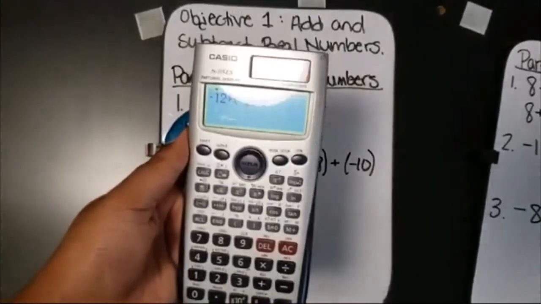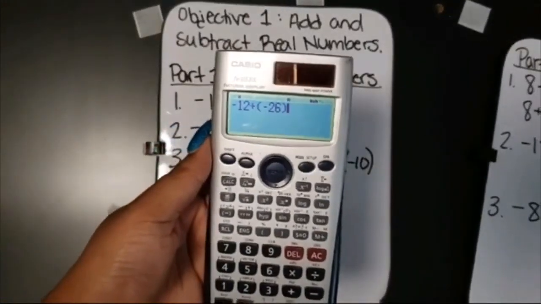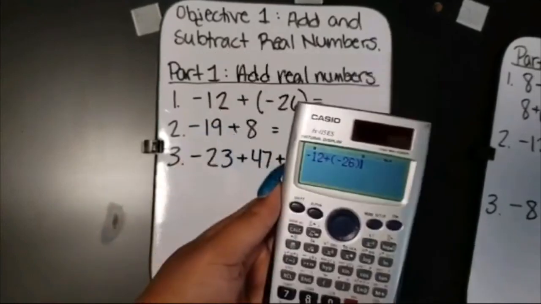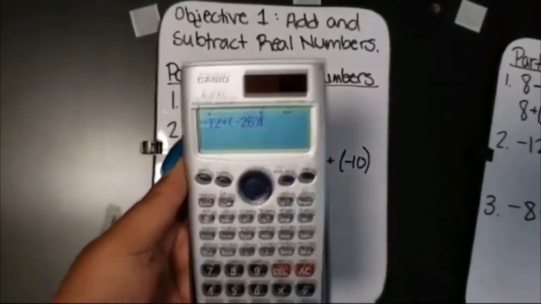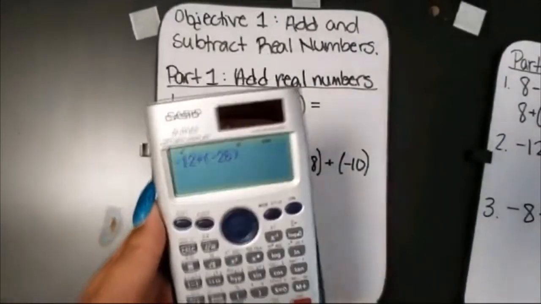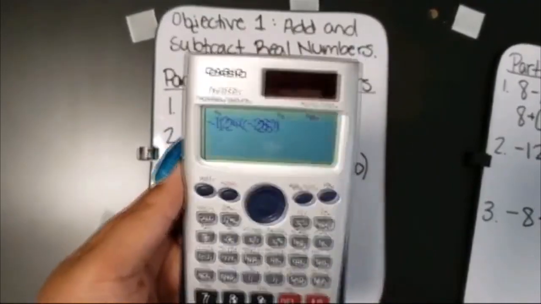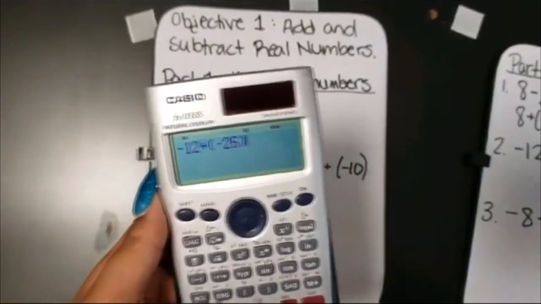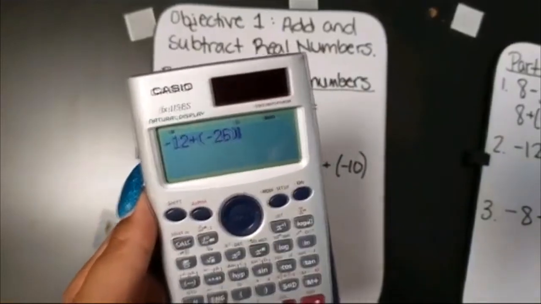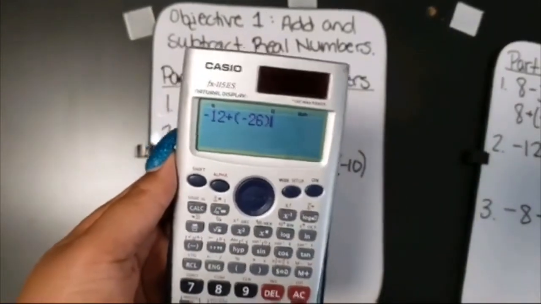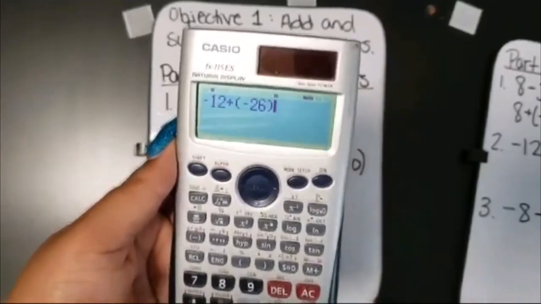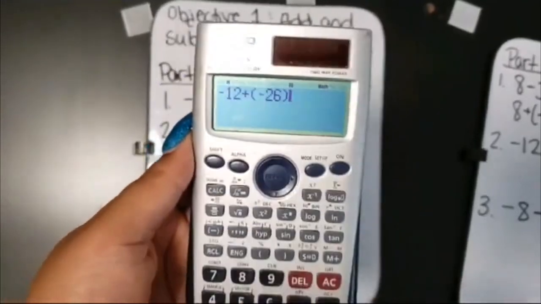So most Casios, you can input the information to look exactly how it will look on paper. So this is my preferred calculator. You can also use Texas Instruments as well. So it's really up to you.